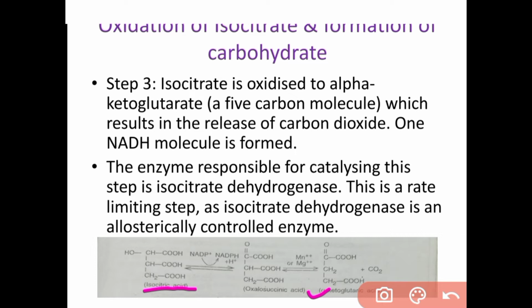Here manganese or magnesium is also required, and an NADH molecule is formed and carbon dioxide is released.